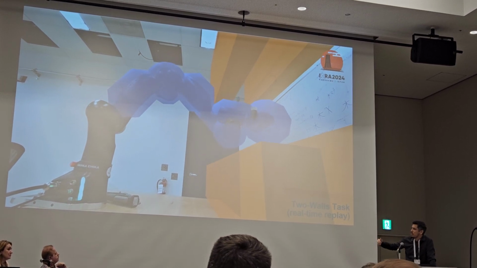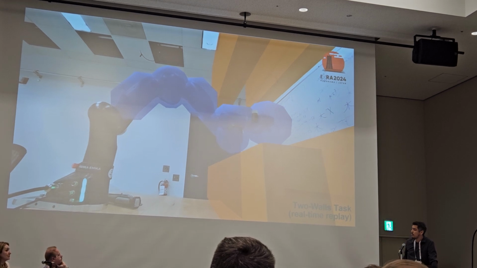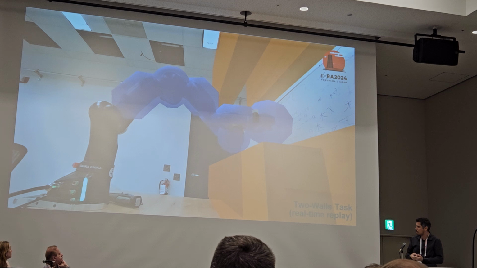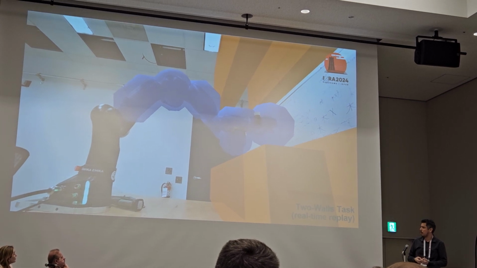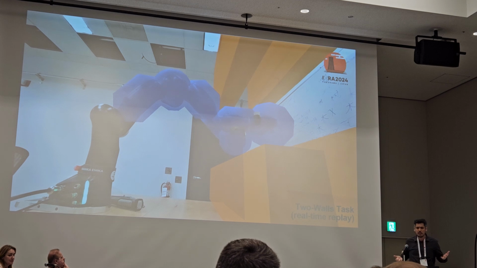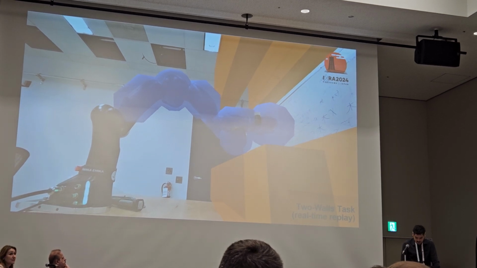The task here is to achieve a given pose while avoiding these virtual obstacles. Since all the primitives and all the obstacles are convex, we can solve the optimization problem to compute the scaling factor, and therefore the CBF, very quickly because it's a convex optimization problem, right? So it can be done very quickly.